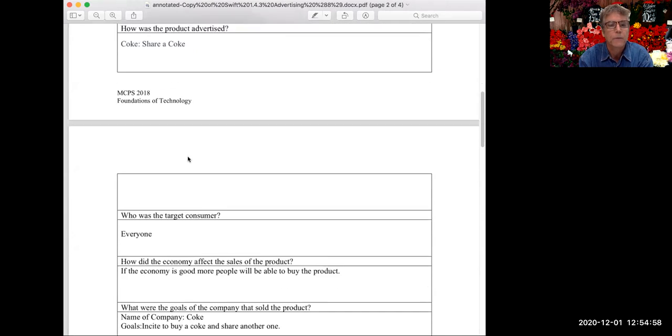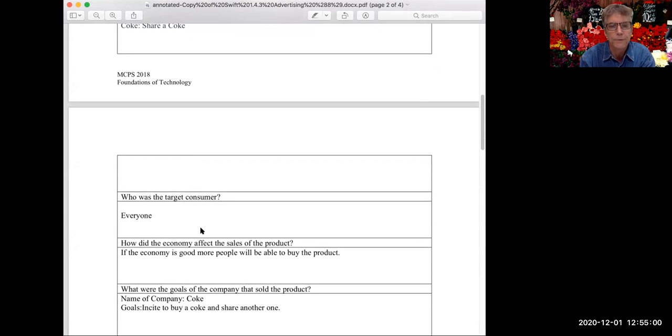Okay, so they've missed that part, but they're down here and they're looking at the Share a Coke campaign. Target consumer was everyone. That's a little broad, right? It's true, most people drink Coke, but I would say typically carbonated, caffeinated beverages are being marketed to a young audience. So let's say 12 to 35, something in there.